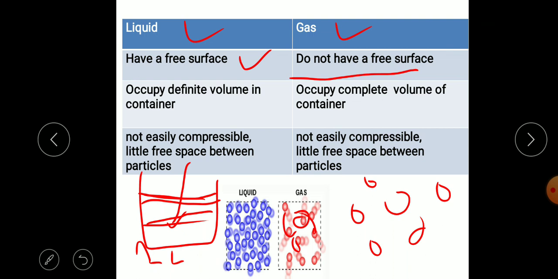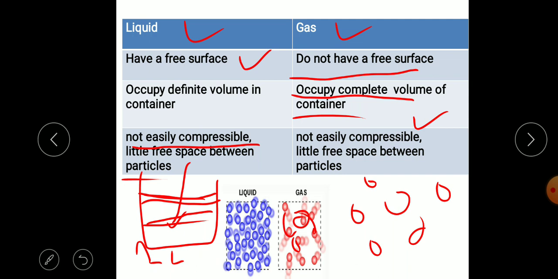In case of gases, they occupy the complete volume of the container, so they are not occupying any definite space. Liquids are generally not easily compressible. Very high pressure is required because of less space between the molecules. So water or liquids we consider as incompressible, and gases are easily compressible.